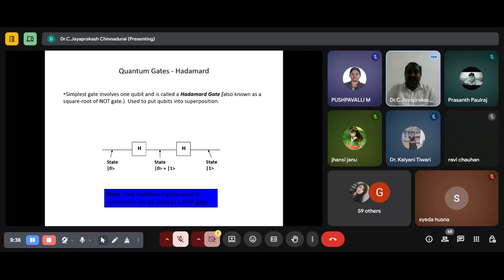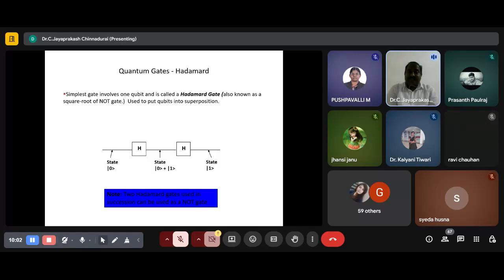And quantum gates for Hadamard. So what is that Hadamard one? This is the simplest gate, it involves one qubit, and it is called a Hadamard gate. We can also call it a square root of NOT gate. So we can represent this gate. See this diagram: we are giving one input into one Hadamard and another input on the right-hand side, the state of 1.